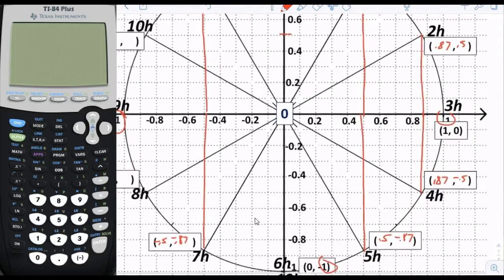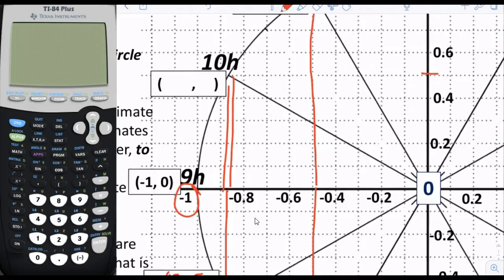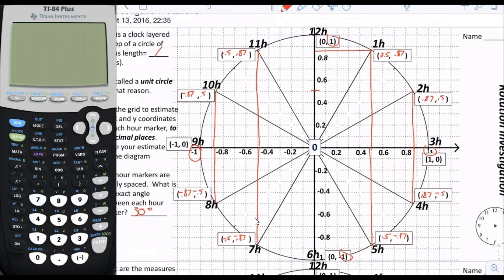And then we're going to reflect it about the y-axis, and we're going to get negative 0.87, negative 0.5. And then we're going to reflect it about the x-axis again, and we're going to get negative 0.87, 0.5. Okay? So, I think we filled in all of them now.